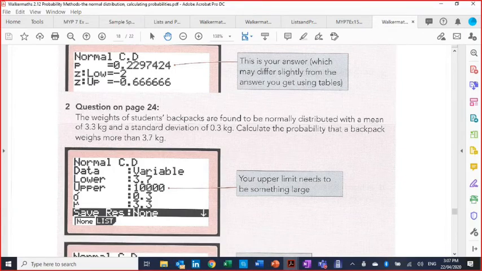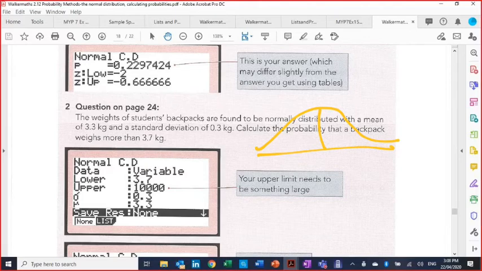Okay, here we go. The weights of students' backpacks are found to be normally distributed with a mean of 3.3 kilograms and a standard deviation of 0.3 kilograms. Calculate a probability the backpack weighs more than 3.7 kilograms. Okay, so here we go. We need our pieces. First of all, we need a lower limit. Well, think about what's happening here. We have our distribution. We have our mean in the middle.